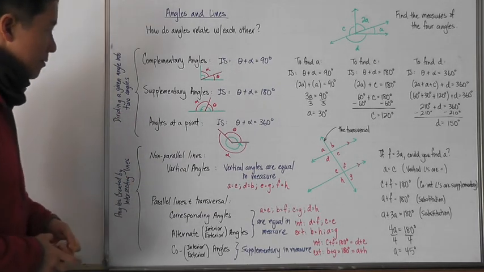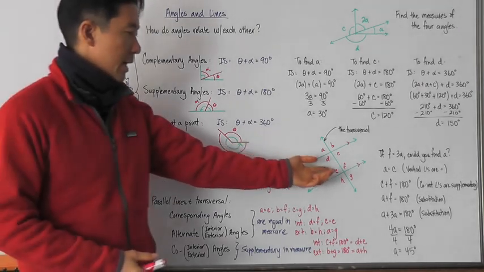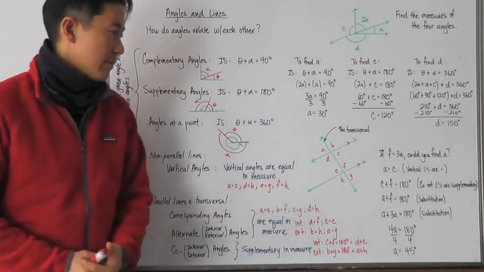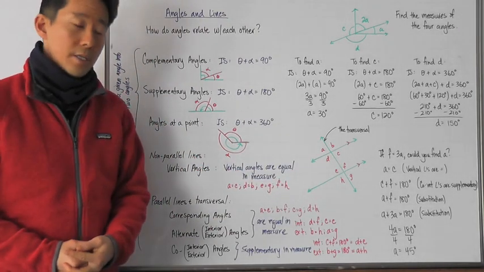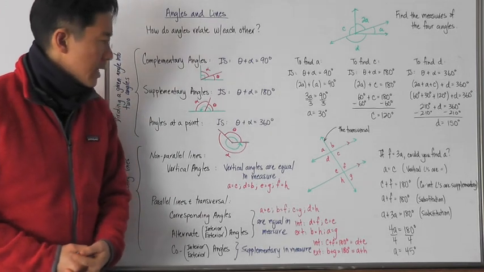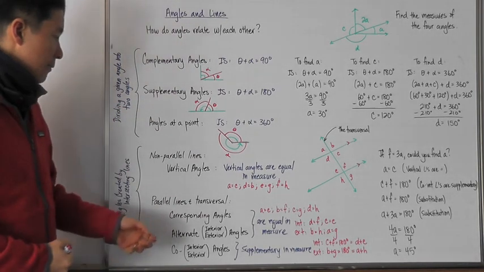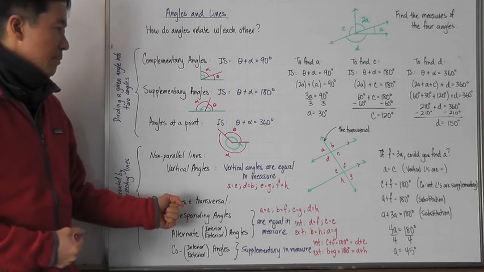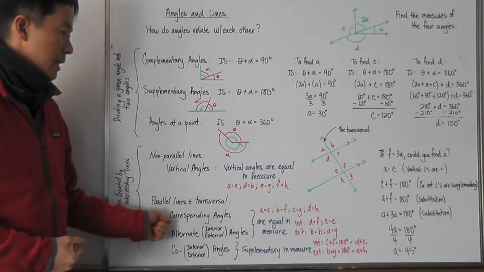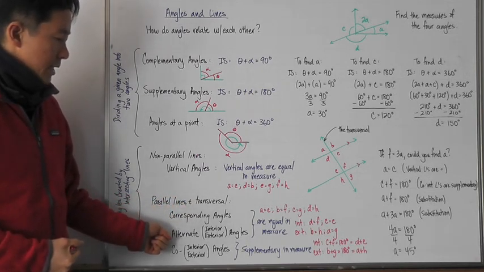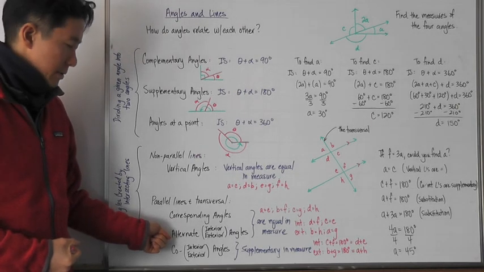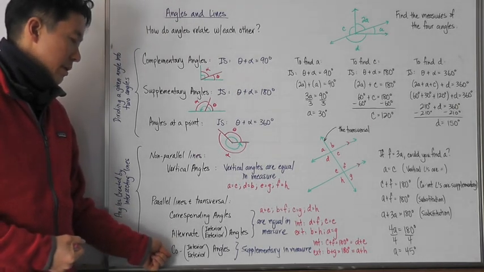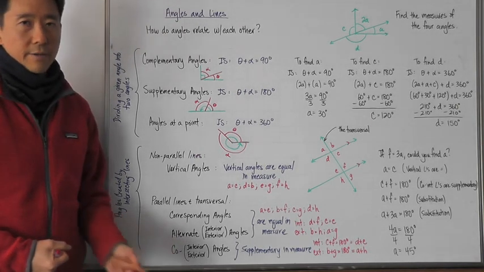And so I'm going to create all of these different angles here, and notice I've labeled all of them from A, B, C, D, E, F, G, H. And we're going to be able to create what are called corresponding angles, alternate interior and exterior angles, as well as co-interior and co-exterior angles.